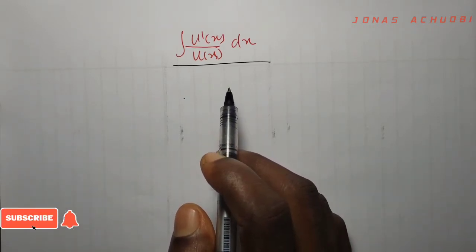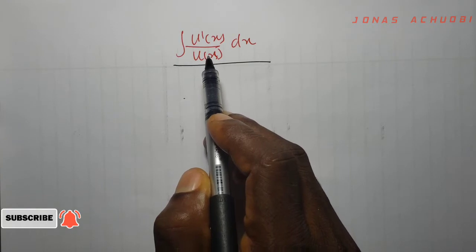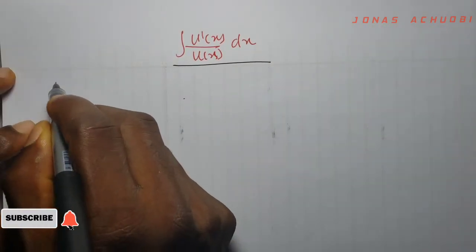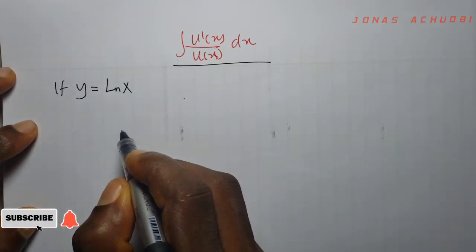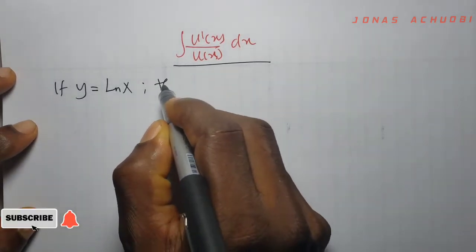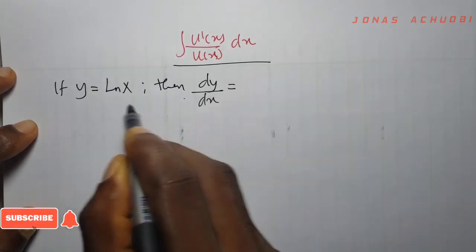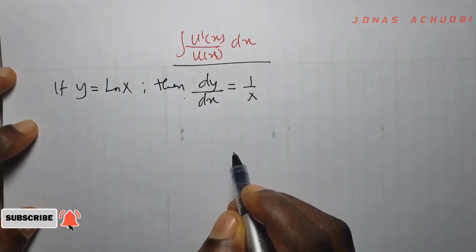Today we shall be looking at integrals of the form u prime of x over u of x dx. You shall recall that if y is equal to ln x, the natural log of x, then if we differentiate dy over dx of the function ln x, we get 1 over x.